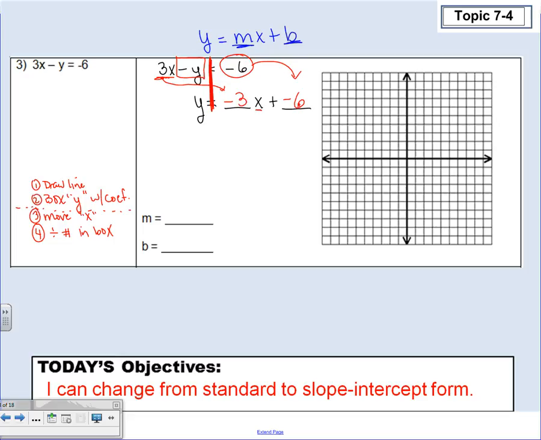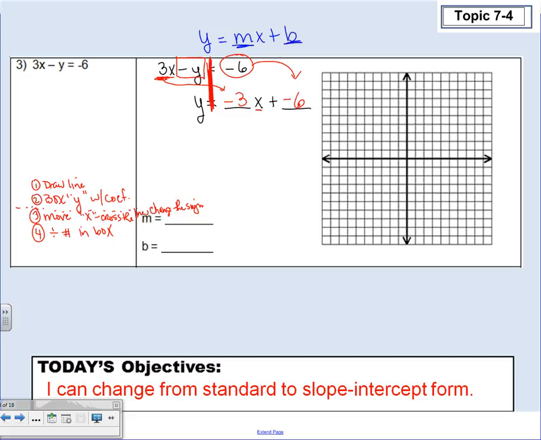So I'm going to add to my little thing where I said move the x, and I'm going to add: if you cross the line, change the sign. So the 3x crossed this line, I have to change its sign.